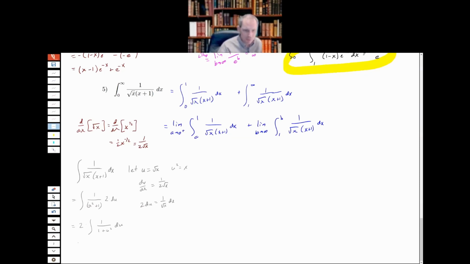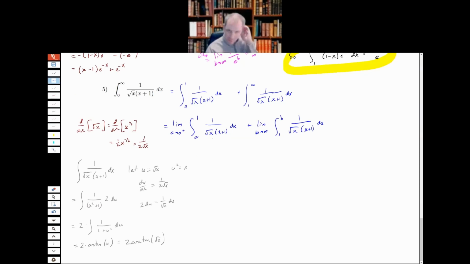So when I integrate this, I'm going to get arctangent of u. U is equal to root x, so this is 2 arctangent of root x. Okay, so now the integration part is done.